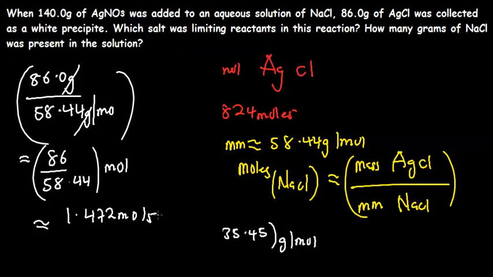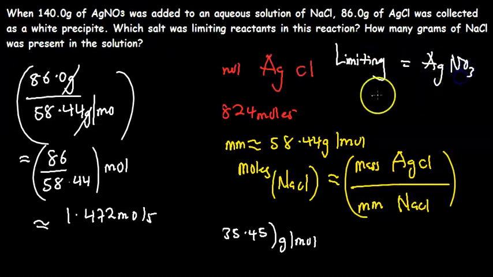Since silver nitrate produces fewer moles of silver chloride than sodium chloride, in this case we can conclude that silver nitrate is the limiting reactant. So our limiting reactant is silver nitrate.